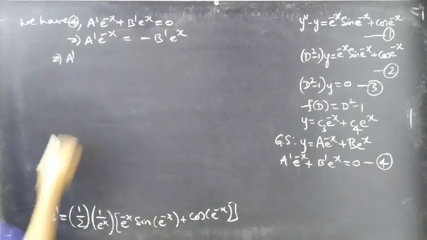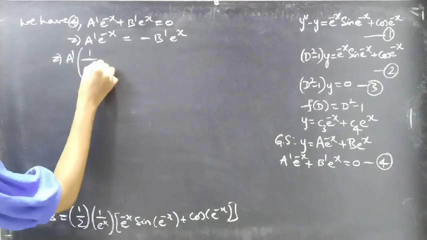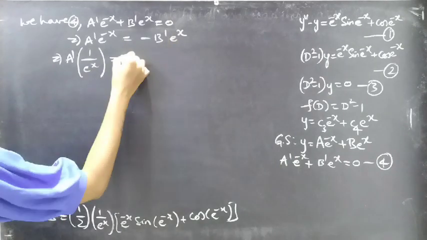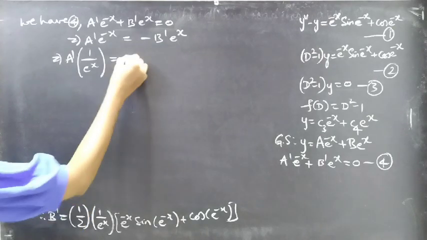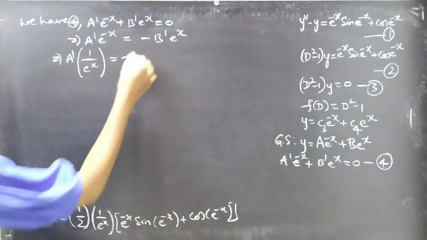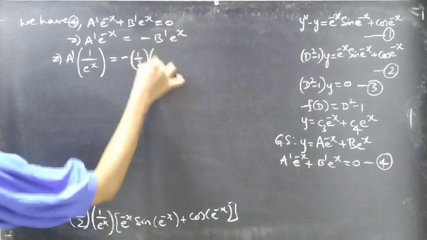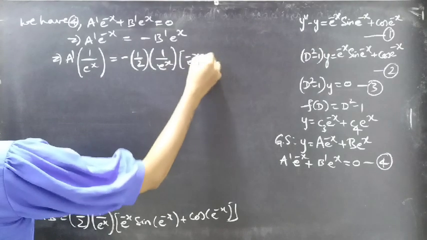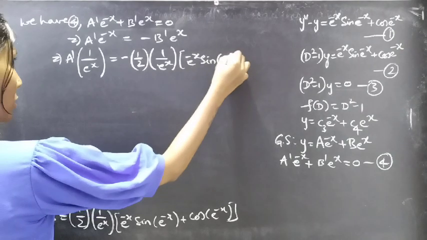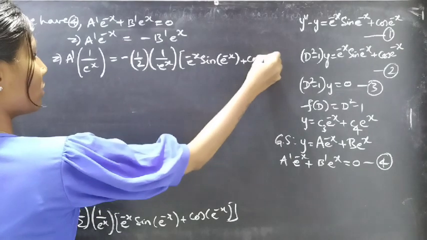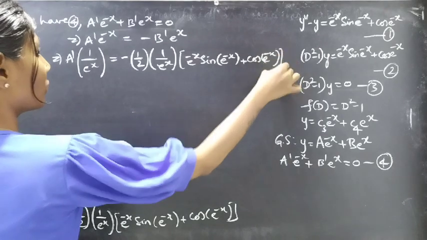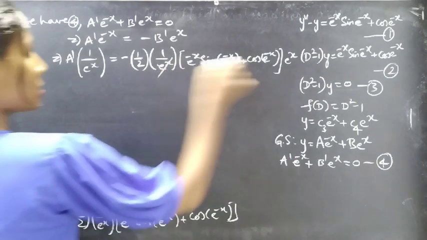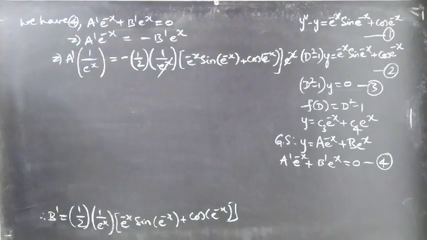Write this e power minus x as reciprocal of e power x for our convenience, equal to, now replace b dash by this. We'll get 1 by 2 into 1 by e power x into e power minus x sine e power minus x plus cos e power minus x into e power x, right? So here e power x gets cancelled, right?